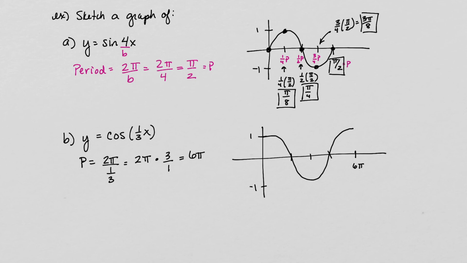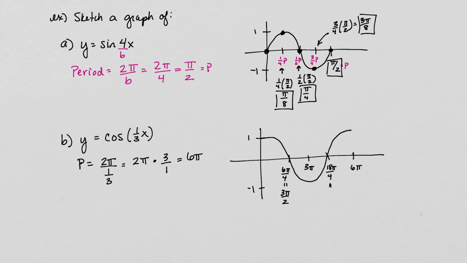So 1/4, this would be 6 pi over 4, which is 3 pi over 2. 1/2 of 6 pi is 3 pi. And then 3/4 of 6 pi would be 18 pi over 4, or both of those are divisible by 2, so 9 pi over 2.